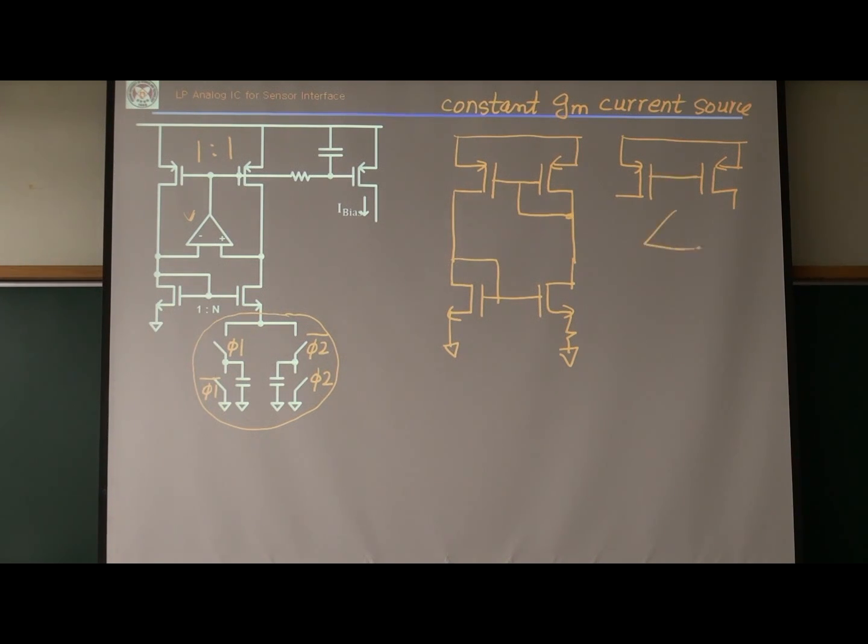This connection just has gain 1, so it should be positive this way, right? Then this works as a PMOS diode.